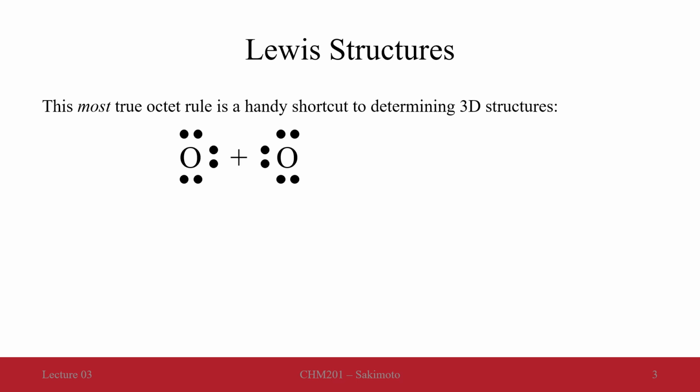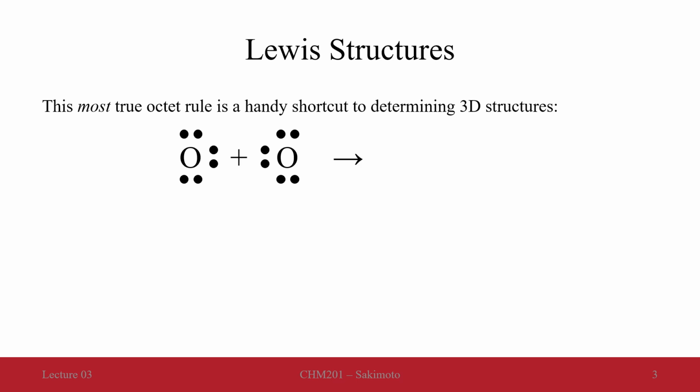Both these oxygen atoms, before they form their bond, each start with 6, so not yet a full complete set of 8. Because there's only 12 to go around, they can't transfer to each other. They'll only ever have 6 if they completely treat their electrons as their own.